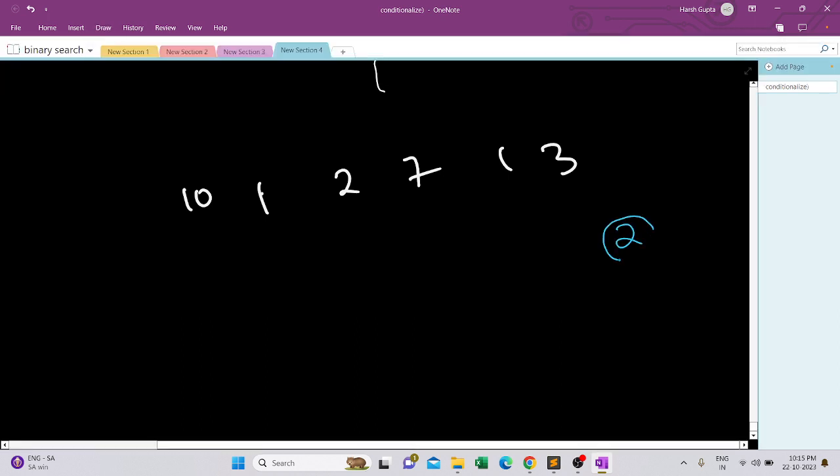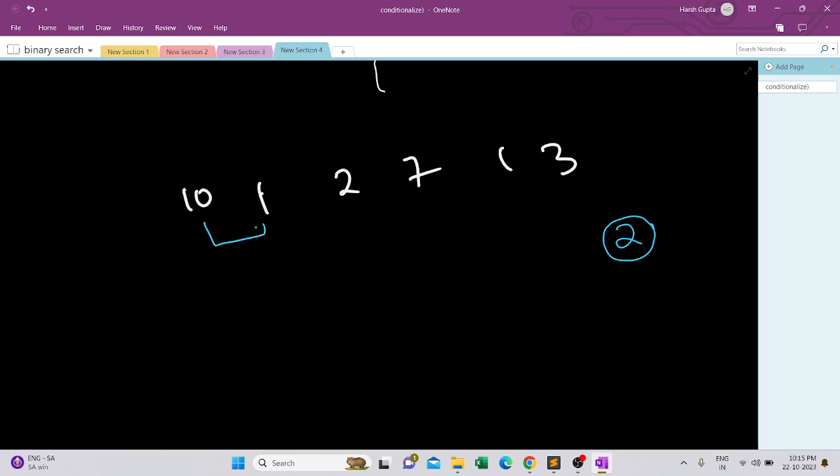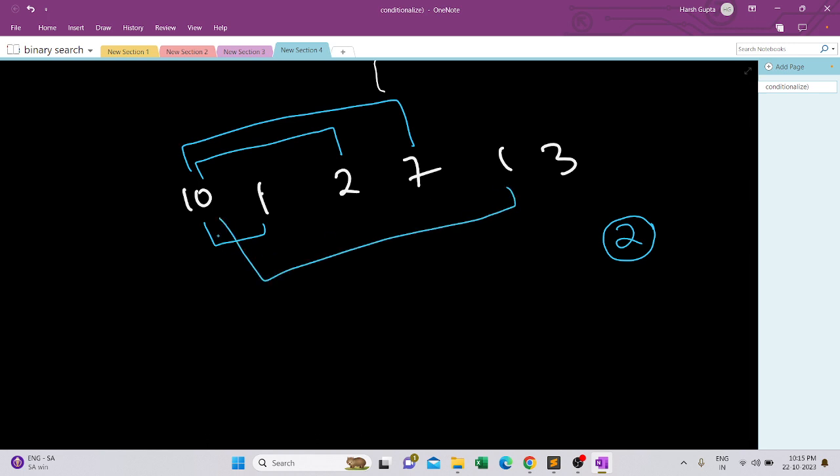So we need to find out two pairs. What are the two pairs we can take? Now if we take 10, 1, then we can take either 2, 7, or 2, 1, or 2, 3, or like 7, 1, 7, 3, or like 1, 3. There are multiple options, right?